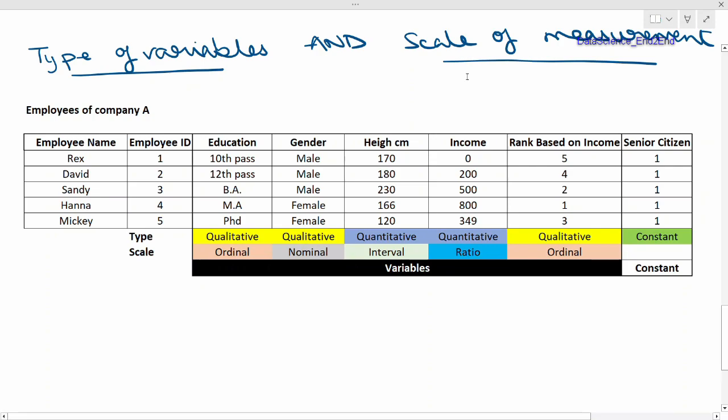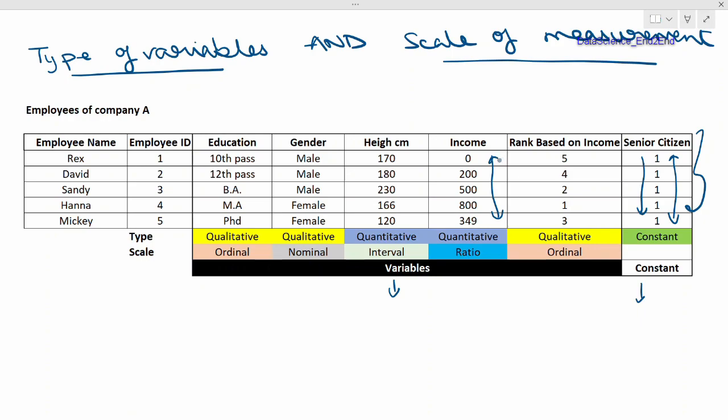First of all, let me explain what is the difference between variables and constants. If you see, in case of senior citizen, all the rows have a single value. There is no difference here. Everything is 1, which means everyone is a senior citizen in our sample. While in case of income, there is some variability in the values. For example, Rex has income 0 while Hannah has income of 800.